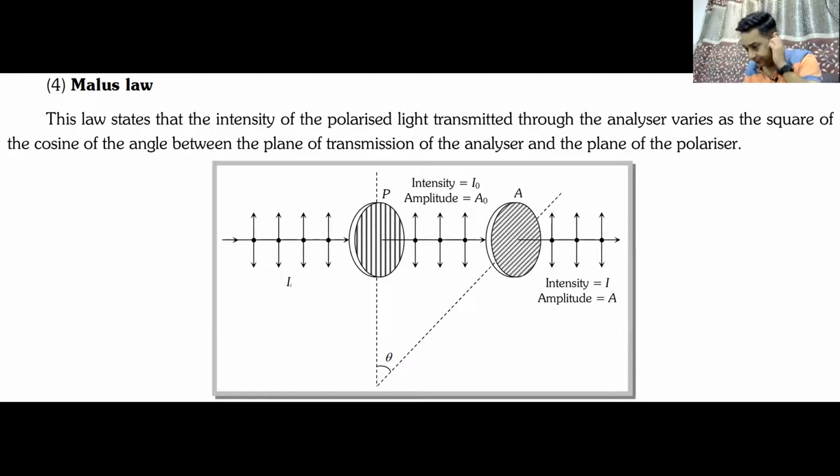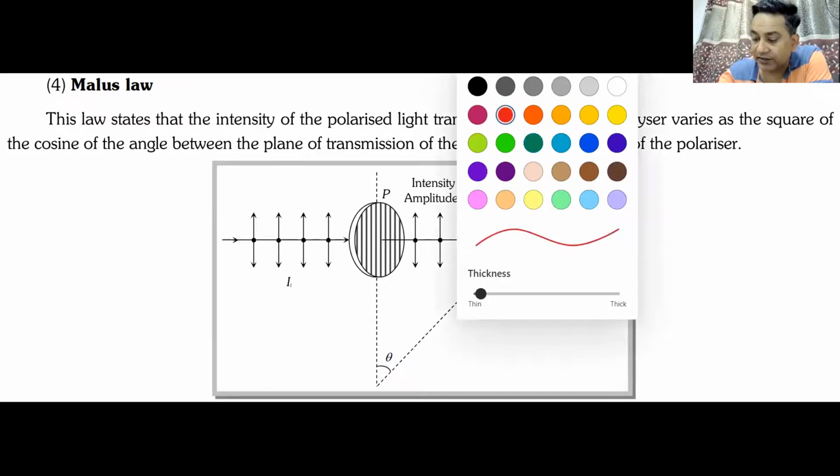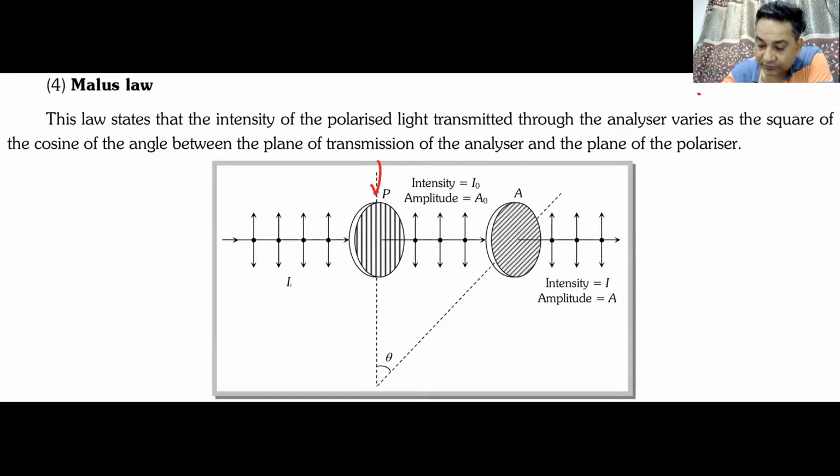Now see, the first one is your polarizer. Do we see the polarizer here? The first polaroid is the polarizer. Now, the intensity of the original light is given as I1. After the polarizer, the intensity becomes I naught.